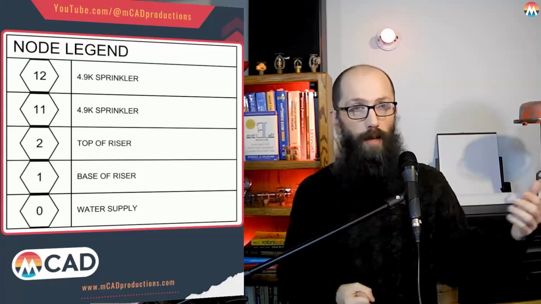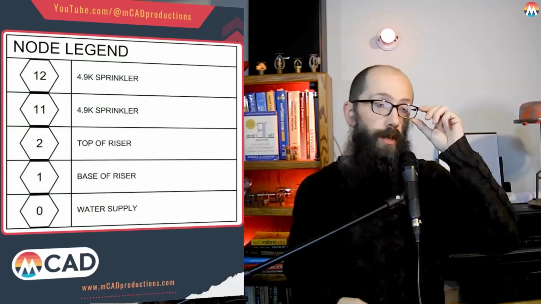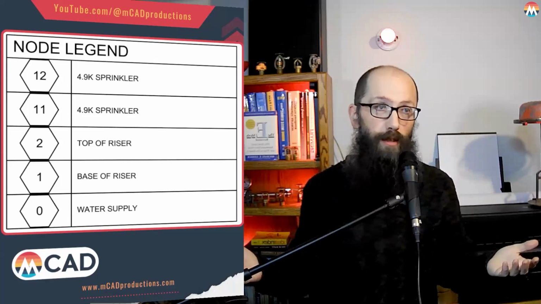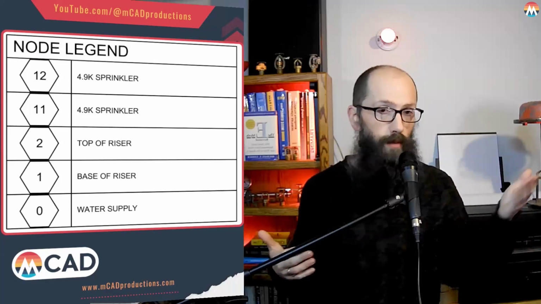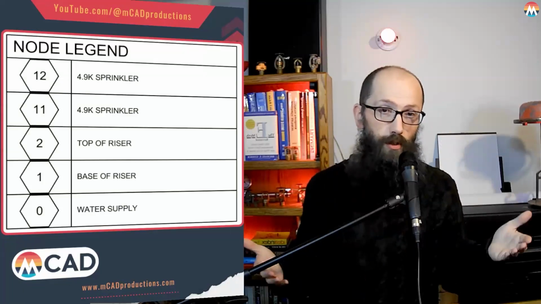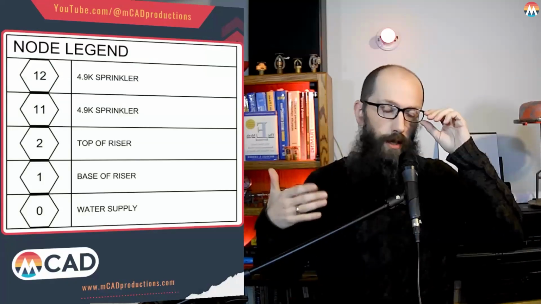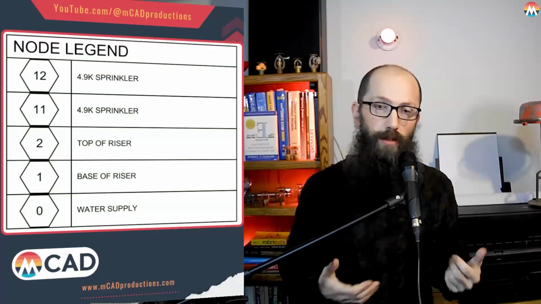As long as we don't have to do that, we make 1 the base of the riser, 2 the top of the riser, and we just start on a single story place at 11 and 12 for the sprinklers. If it's a 2-story, I'm going to do 21 and 22. It's just a way to have it be the same all the time.